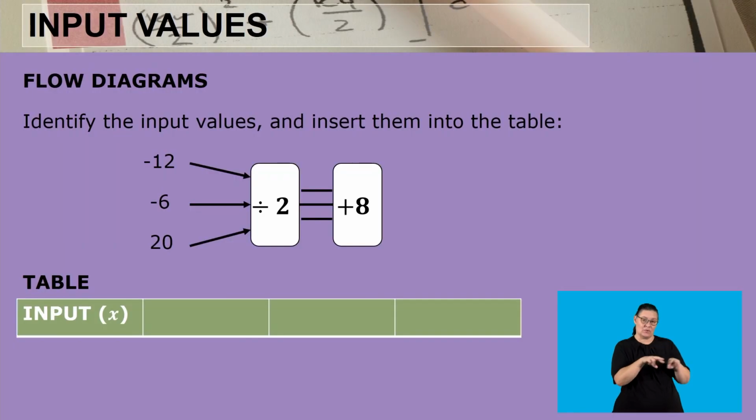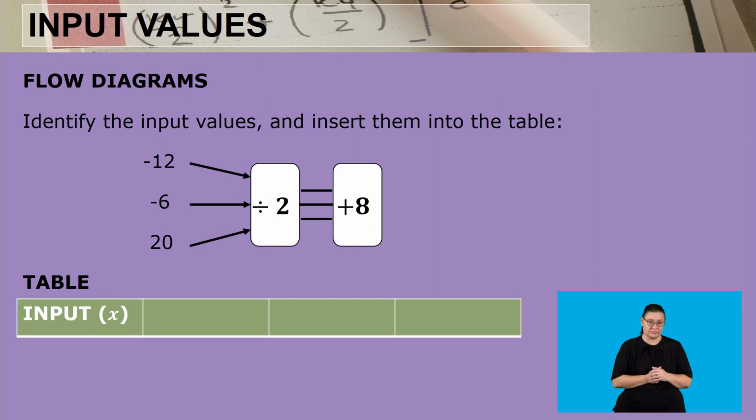So we're going to first divide a value by 2, and to that quotient we are going to add 8. But what values are we going to start with? The actual values that are going to be divided by 2. Yes, those are the input values. These are the values that we are going to put into our rule to get a result.